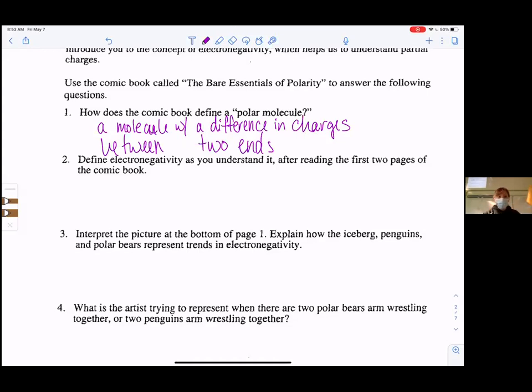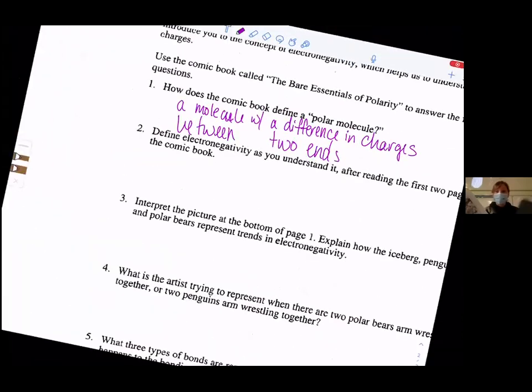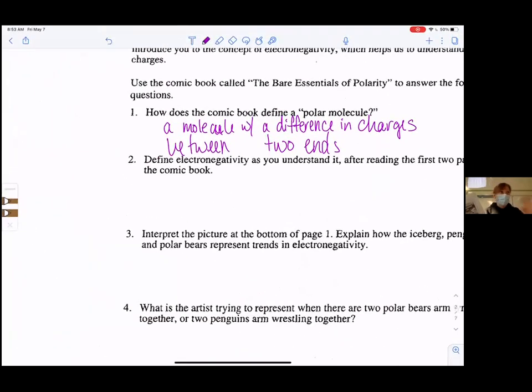So electronegativity, from the first 2 pages of the comic book, why don't we take a few minutes? I'm not going to make you all do popcorn reading, because I get texts at least twice a week from my daughter, kind of freaking out because they're popcorn reading in class, and it makes her really nervous because she doesn't want someone to call on her. So I'm not going to do that, but I would like us to go through these first couple of pages together.